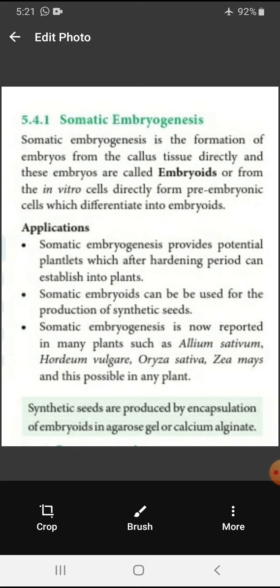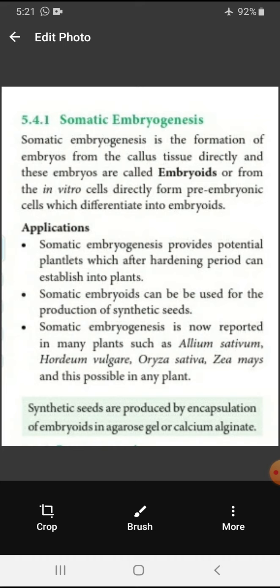Then what are the applications of somatic embryogenesis? First, somatic embryogenesis provides potential plantlets which, after the hardening period, can establish into plants. So we are getting effective plantlets, known as potential plantlets. Second, somatic embryos can be used for the production of synthetic seeds. What are synthetic seeds? Artificial seeds produced from somatic embryoids.